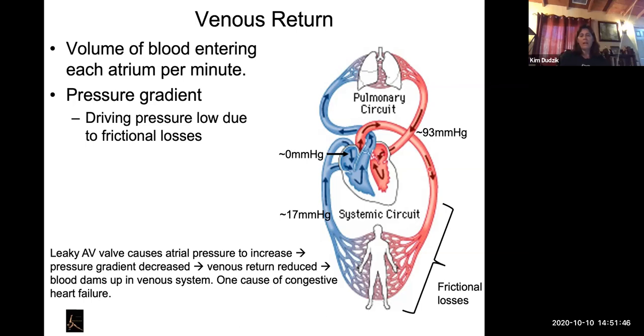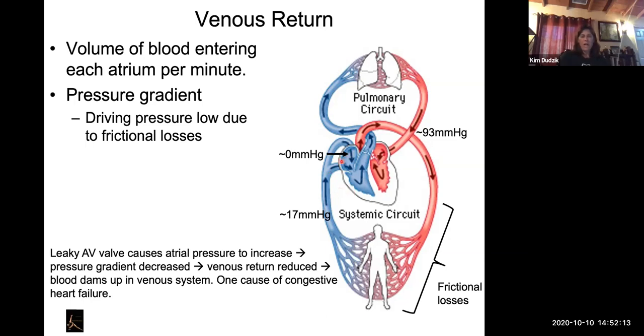As we move away from the left side of the heart, because of frictional losses, you're losing pressure along the way. Because of the frictional losses, you're losing flow, and that increases resistance. So by the time you get to the veins, the pressure is like 17 millimeters of mercury compared to 93.